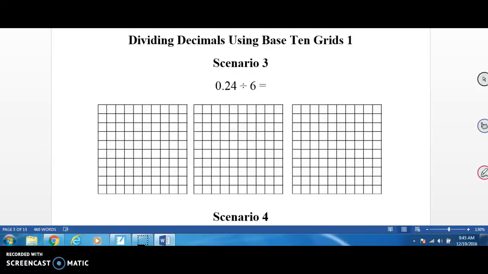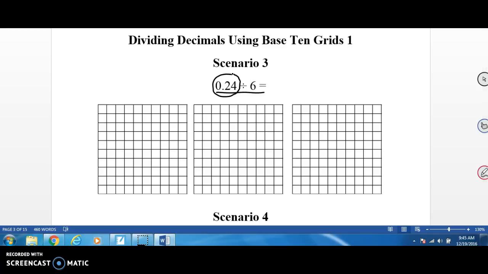Today we're going to be working on dividing decimals using base 10 grids, and we're going to start off with the scenario of 24 hundredths divided by 6. In the past couple of scenarios that we've been working on, we know what we're starting with, which is 24 hundredths, and we know basically how much is going to be in each group.